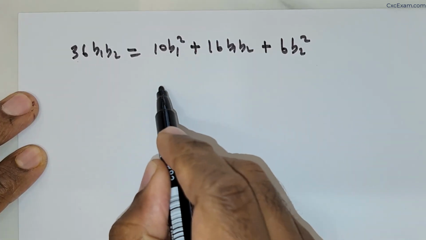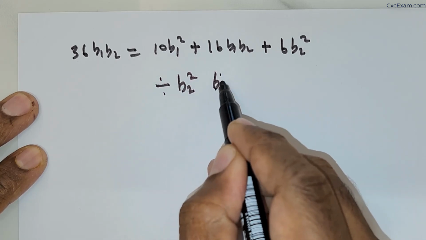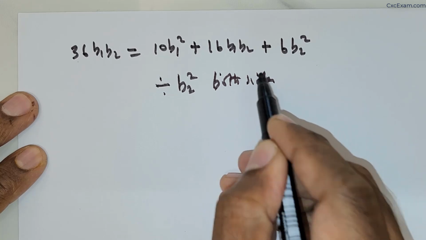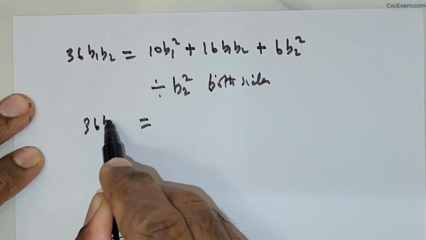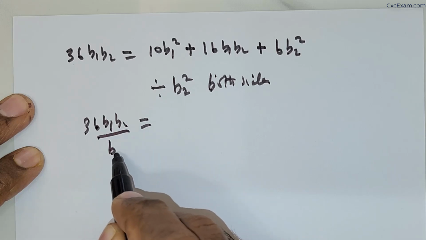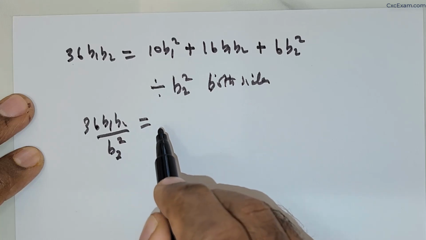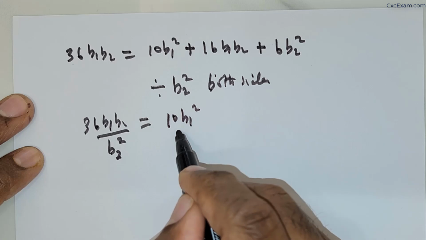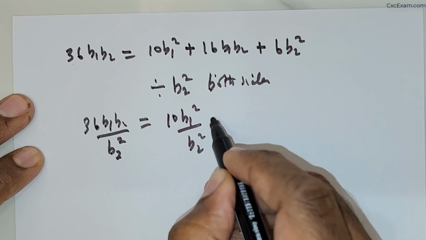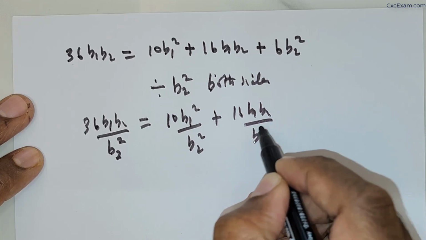Okay, what I wish to do is divide by b2 squared on both sides. If I were to do that, over here there is 36 b1 b2 divided by b2 squared, and this is going to give me 10 b1 squared over b2 squared. This is going to give me 16 b1 b2 divided by b2 squared.